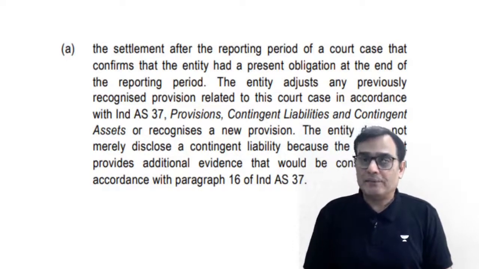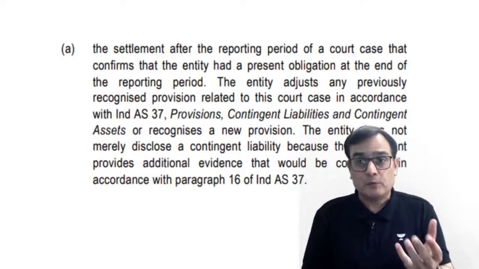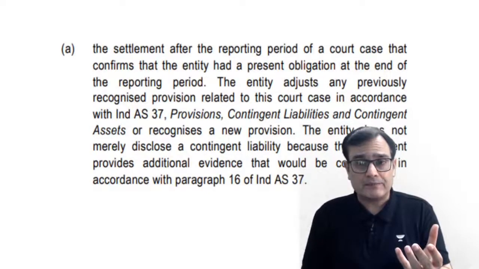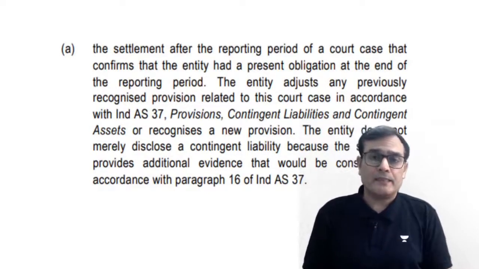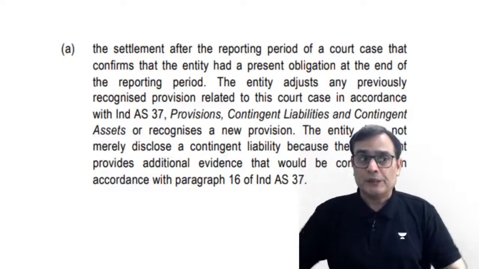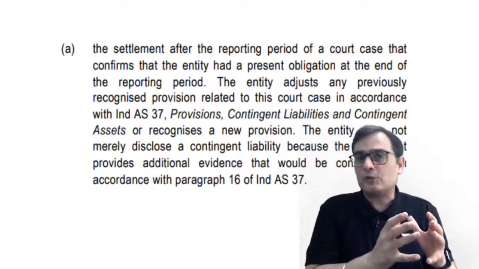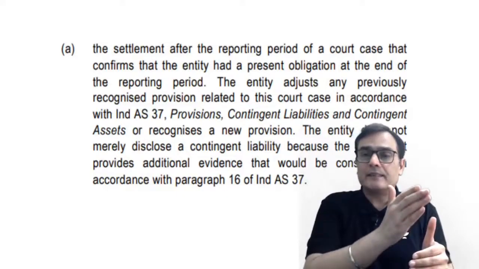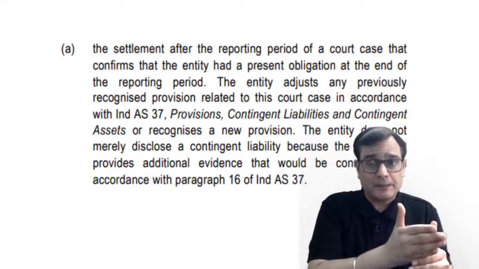And it further elaborates, the entity adjusts any previously recognized provision. You might have taken a provision in accordance with Ind AS 37, or you might end up recognizing a new provision altogether. So let's say, for example, the company took a call on the balance sheet date that it's a case of a contingent liability and never created a provision in the books of accounts.